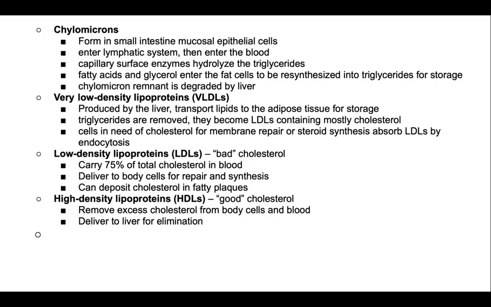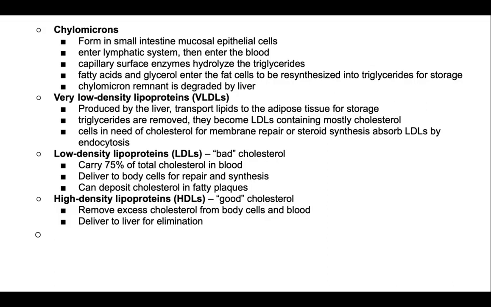So the VLDLs are produced by the liver. They're going to transport lipids to the adipose tissue for storage. So the triglycerides are removed, and then it's going to become an LDL that will contain mostly cholesterol. So the cell that is in need of cholesterol for membrane repair and steroid synthesis will absorb the LDLs by endocytosis.